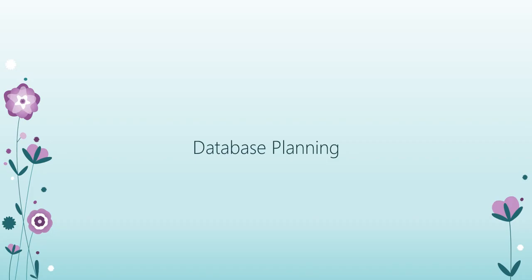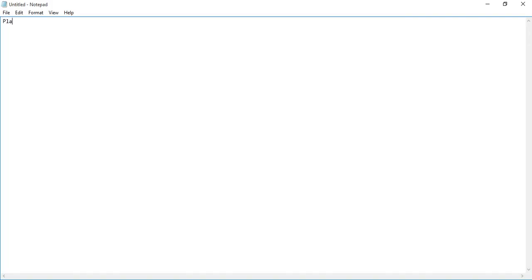Okay, so let's see. The first thing that we do is to plan. Let's say I wanted to create a database for an educational institution. So what things are required? The first step while creating an ER diagram is to think about the current data that you have.